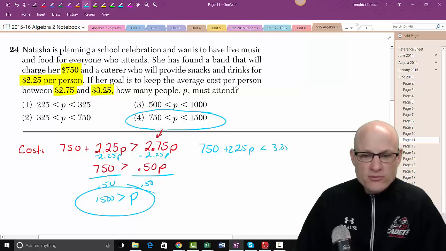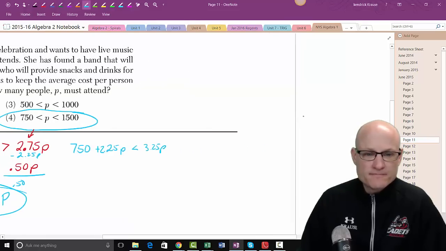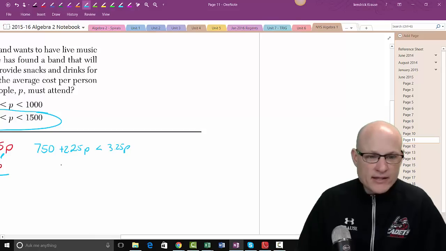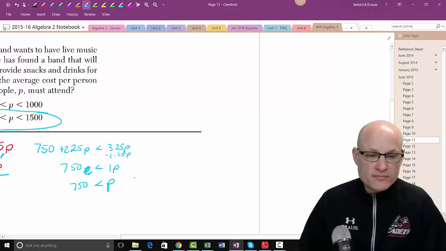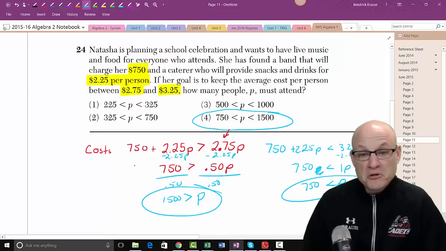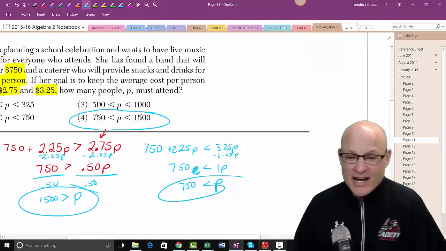Let me solve that one. Subtract that, and by subtracting 2.25p, I get 750 less than 1p. Oh, well, p is greater than 750. Oh, there it is. That's it, kids. There she goes. Kind of a tricky question, though. That was a nasty reading question, that last one.